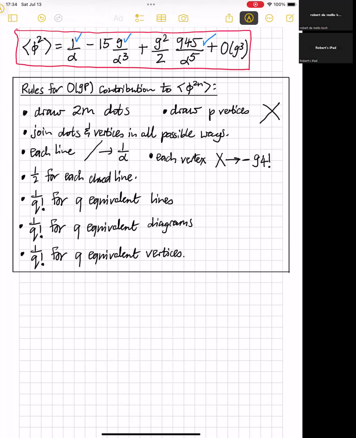So the 4 factorial for each vertex, the 1 over 2 for the closed lines, and the 1 over q factorials for equivalent lines, equivalent diagrams, and equivalent vertices. That's actually the tricky part of using the rules, believe it or not, and you can master that piece of using the rules in naught dimensions. So that's why what we've been doing is a useful exercise.